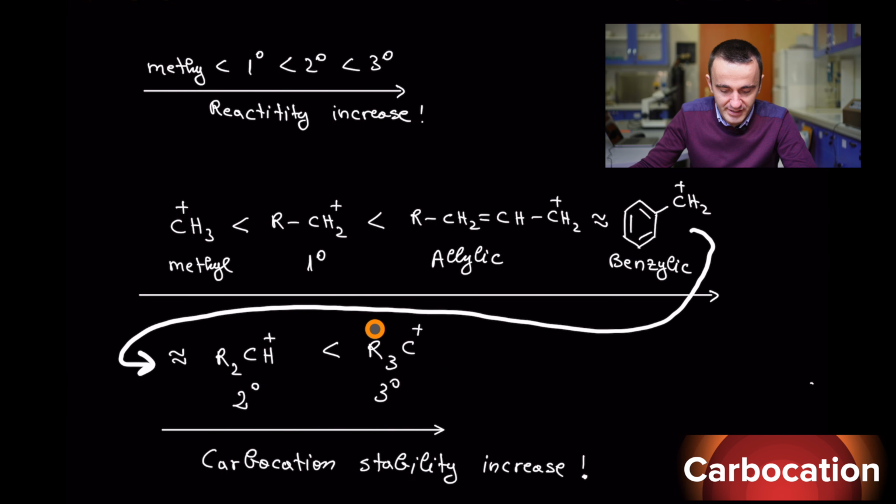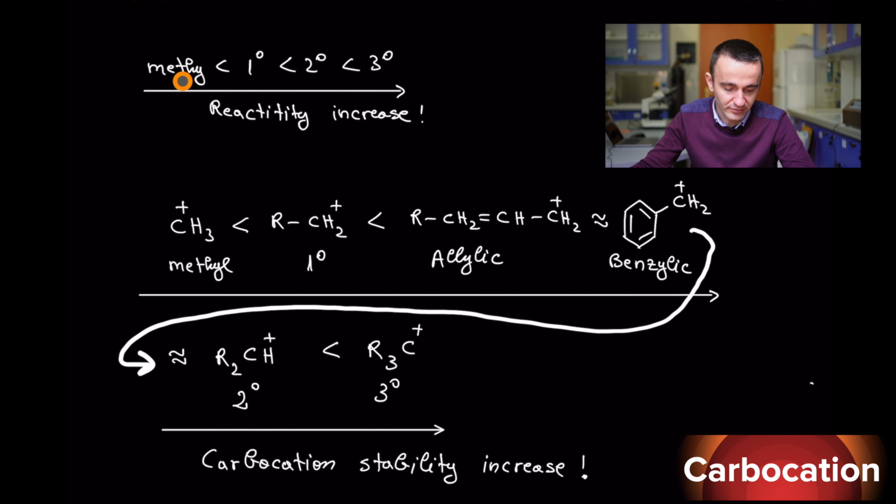The more stable the carbocation intermediate, the lower the transition state energy and the faster the SN1 reaction. The stability order of carbocations is as follows. Tertiary carbocations are the most stable. Secondary comes next, and after that come the benzylic and allylic carbocations, which are almost as stable as secondary carbocations. The reason is that they can form resonance structures and be more stabilized.